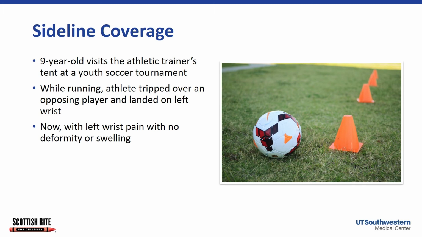Let's give an example of this. So let's pretend you have a 9-year-old soccer player, and you're covering an event, and this soccer player had fallen on his left wrist, and he's having a little bit of pain over there. The wrist looks normal to you. There's no swelling, just some pain. He can move his wrist around pretty well.